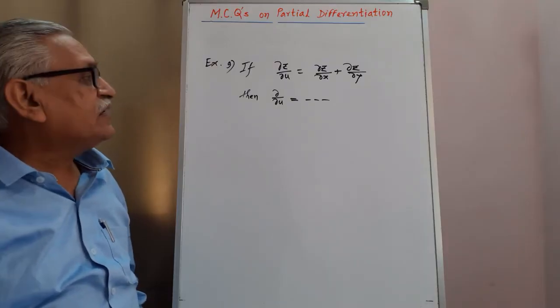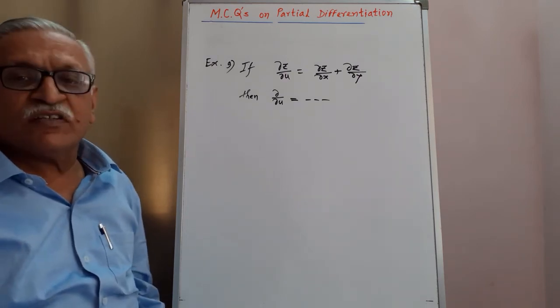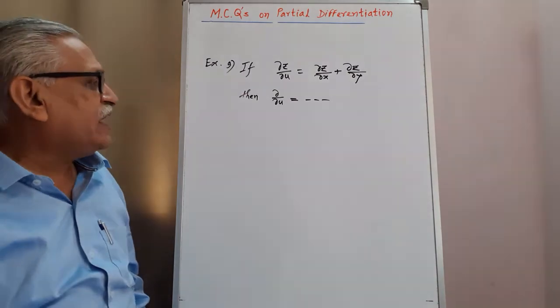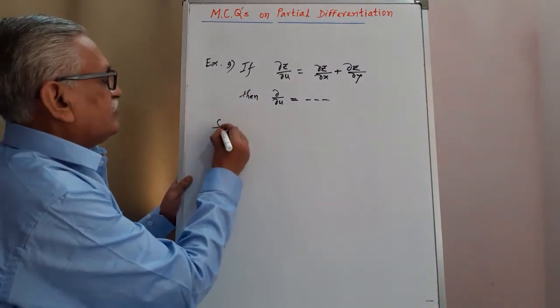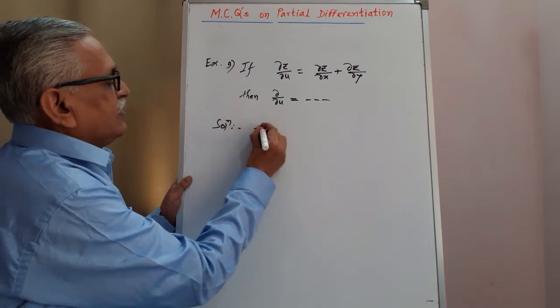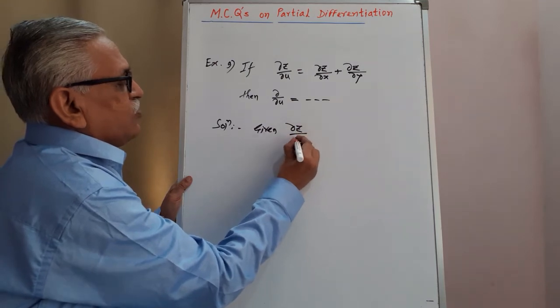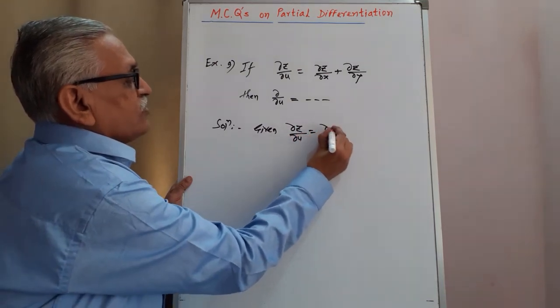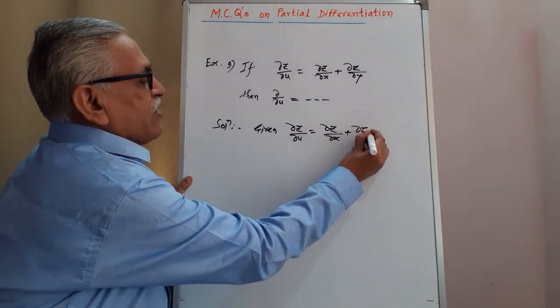Example number 9. If ∂z/∂u is equal to ∂z/∂x plus ∂z/∂y, then ∂/∂u is equal to? Given ∂z/∂u is equal to ∂z/∂x plus ∂z/∂y.